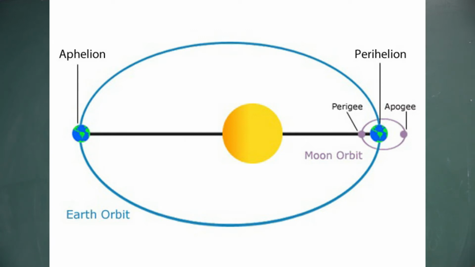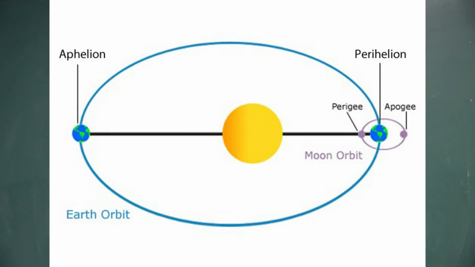When the earth is in aphelion position, the distance between the earth and the sun is the largest, 152.1 million kilometer. The average distance between the Earth and the Sun is about 149.6 million kilometer. This average distance is taken as one astronomical unit.